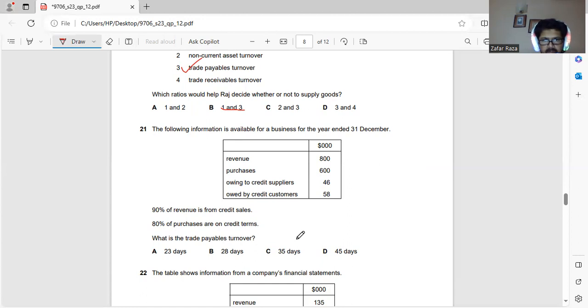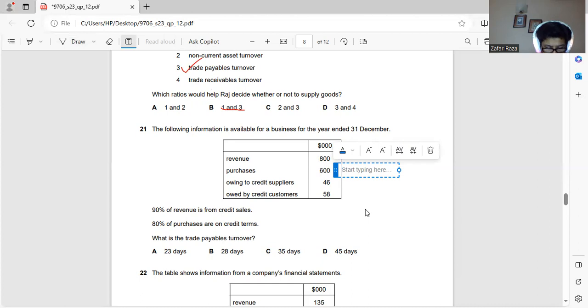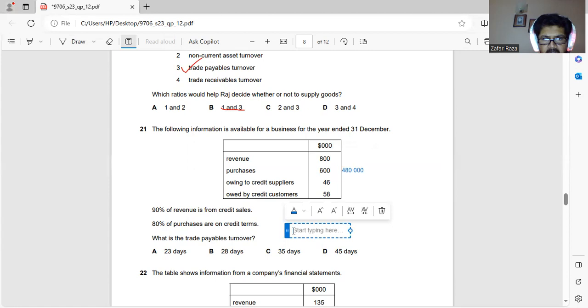Here we have to take out the amount of credit purchases. 600,000 multiplied by 80% is 480,000 credit purchases.